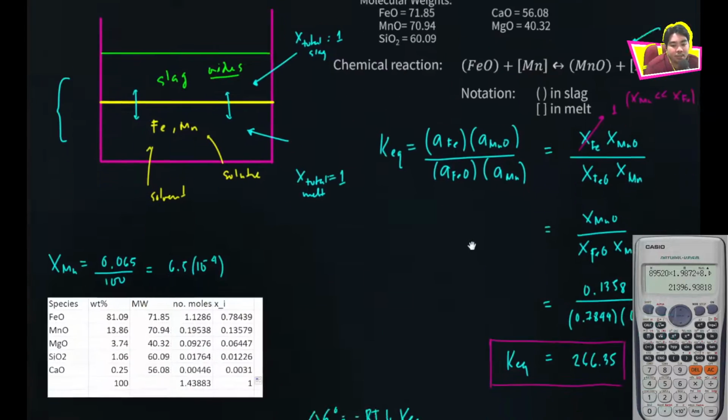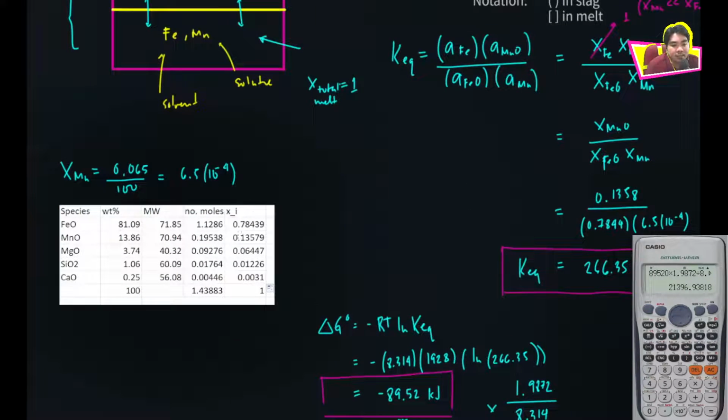Notice na when we computed for FeO and MnO, yung molar fraction nila Xi, kinonsider natin yung other components that are present in the slag, which affected their values.